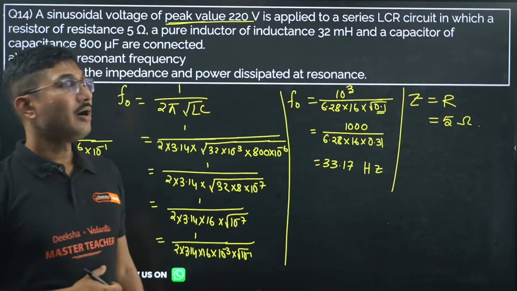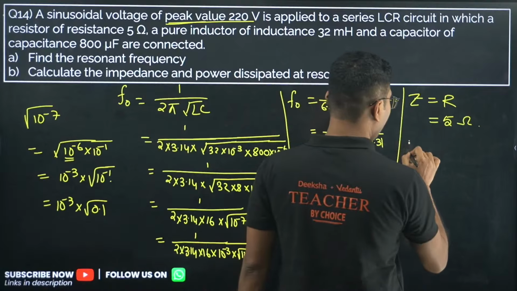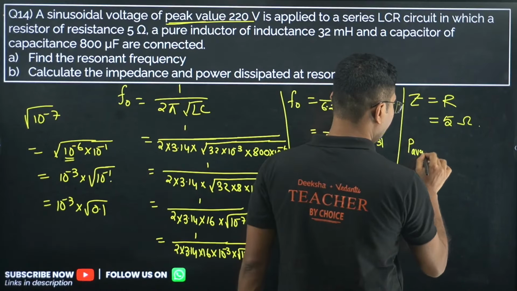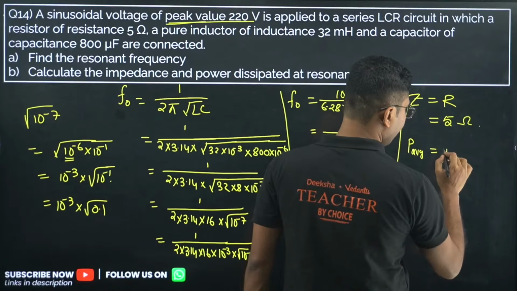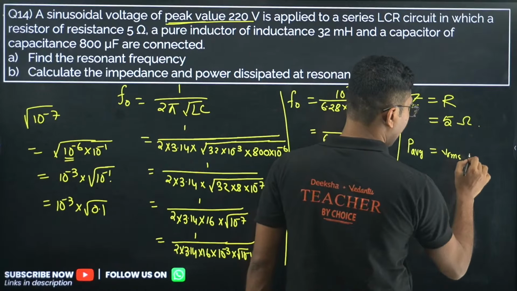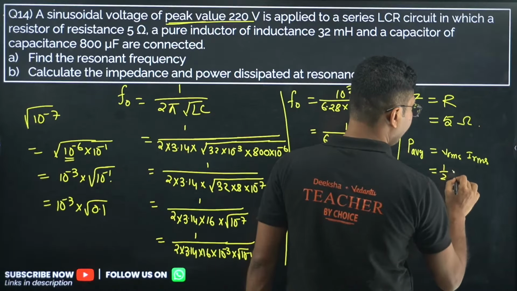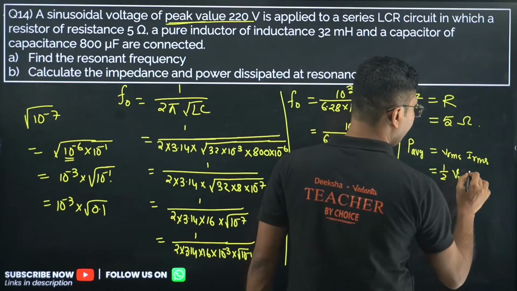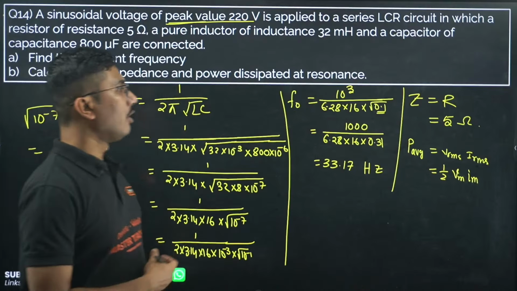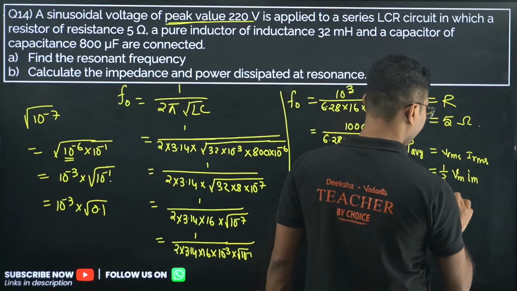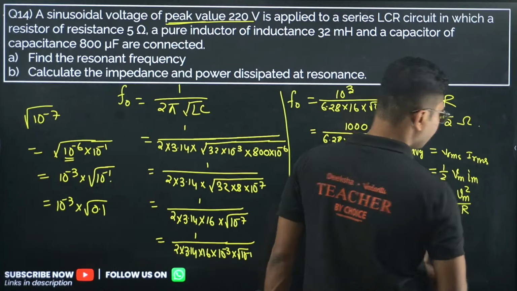Now what is the power dissipated at resonance? For average power, either you use VRMS into IRMS, or you use half peak value of voltage into peak value of current, or you can use half peak value of voltage square divided by resistance.